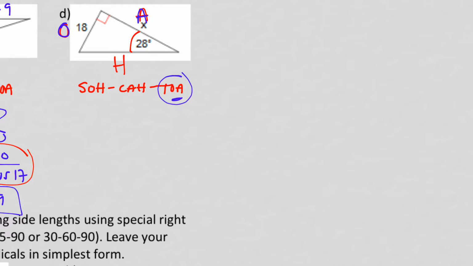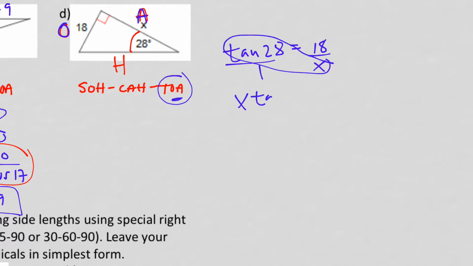So I can write tangent of 28 degrees equals opposite over adjacent. And again, in this example, this is a proportion, so I can use cross product. Again, x tangent of 28 equals 1 times 18 is 18. To finish solving for x, I can divide by tangent of 28 on both sides.